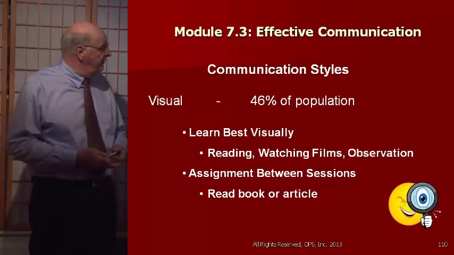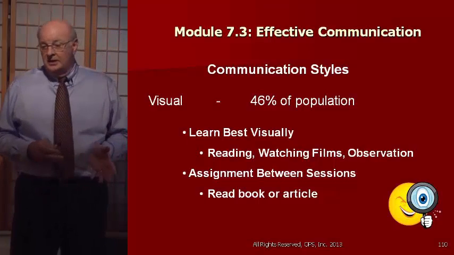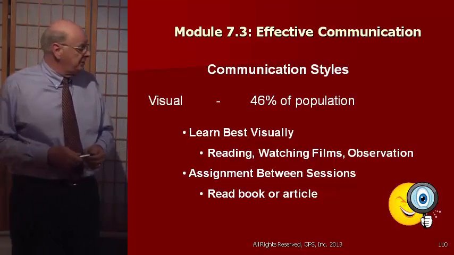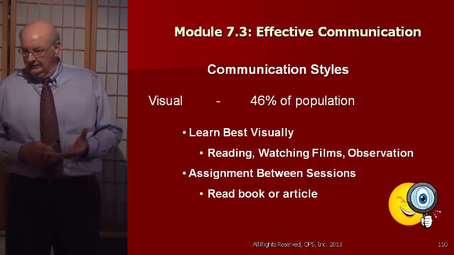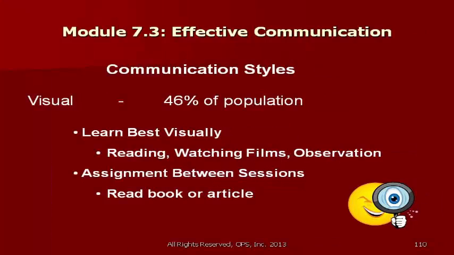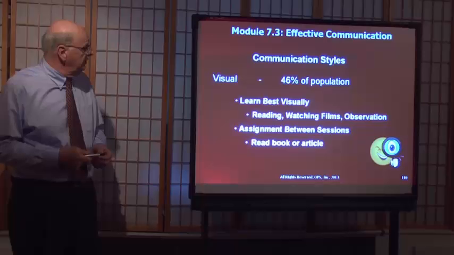So with a visual learner, some of the assignments that you might give them between sessions would be reading something, watching a video, observing something, even if it's to read a book or read an article or to look up something on the internet. So they learn best by reading or by seeing. A lot of times photographs and drawings are effective with visual learners.